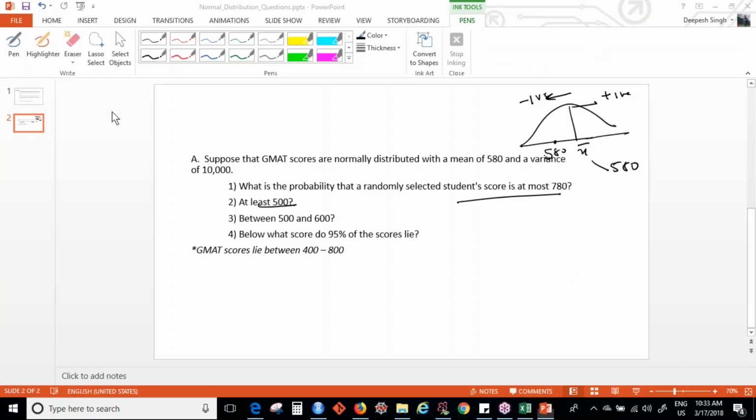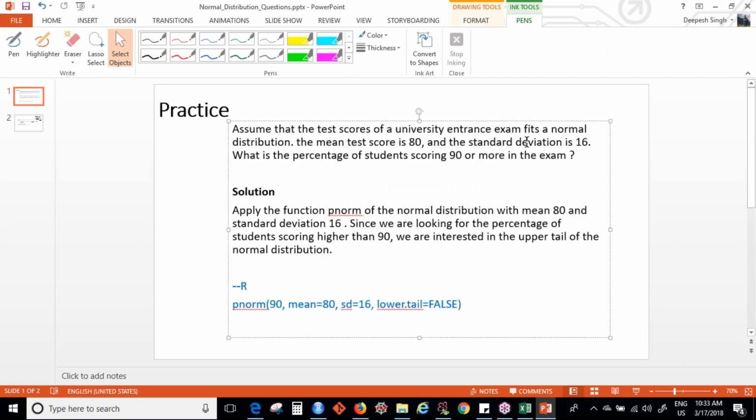So when I asked you this question, one important assumption here is that the scores of the university entrance exam fit a normal distribution. If this was not the case, you could not use any of these formulas and you would not be able to calculate. If it was not following a normal distribution, calculating all of these would become next to impossible.